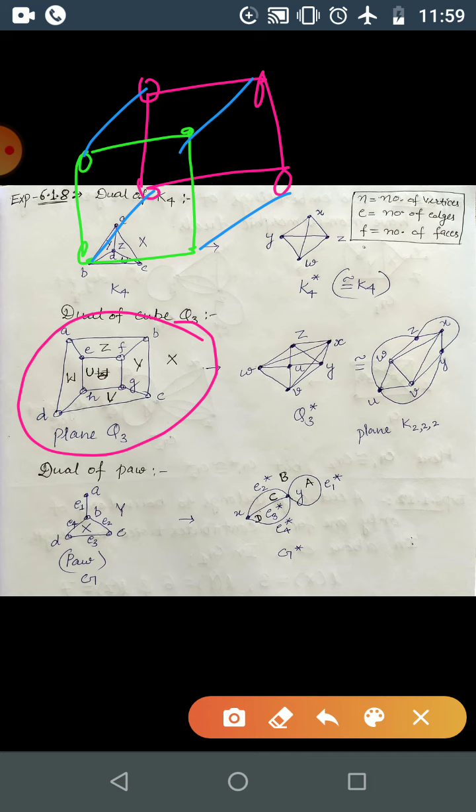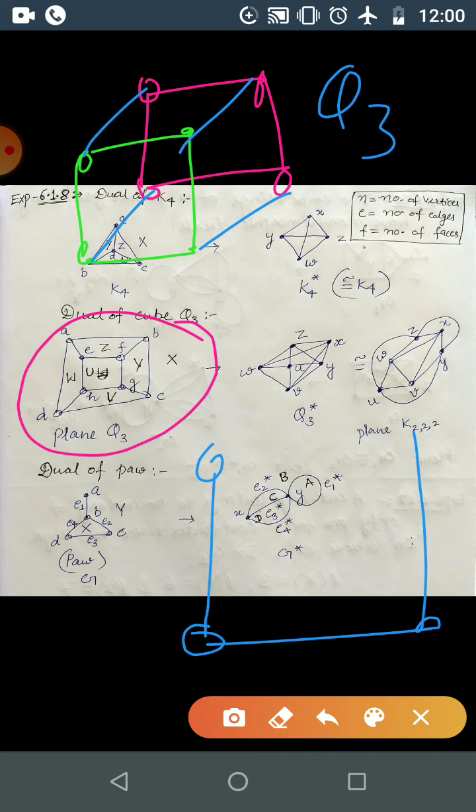So we will first form a planar version of this graph, and then we'll try to draw Q3 star, that is the dual of Q3. Okay, the dual of the 3 cube. So this is Q3. For the dual of the 3 cube, first try to draw it as a planar embedding, or you can just say as a plane graph.